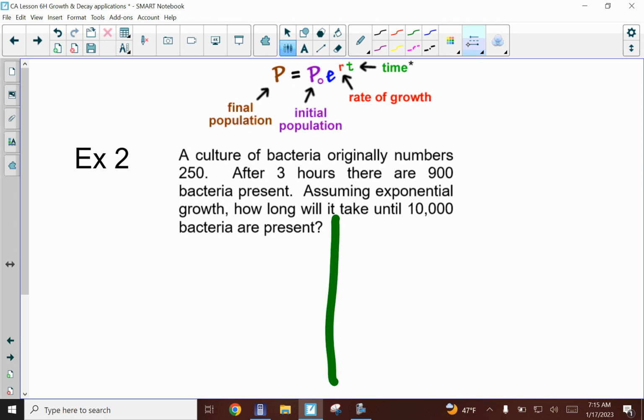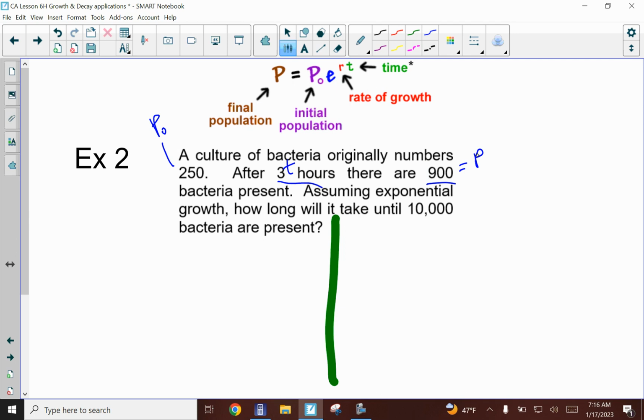So it says a culture of bacteria originally numbers 250. So that's your P naught or P sub 0. After 3 hours, there's your time, so that's T. There are 900 bacteria present. So this is going to be the final amount, so that's P. Assuming exponential growth, how long will it take, and so on.